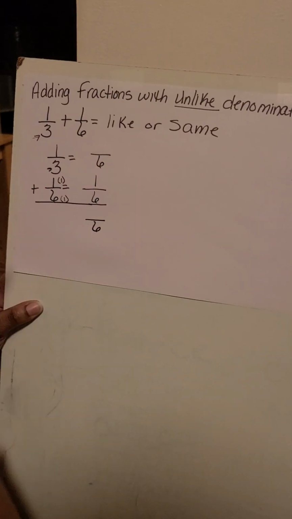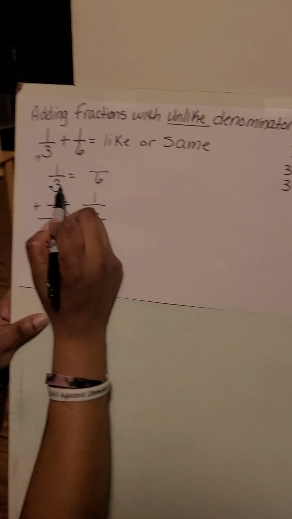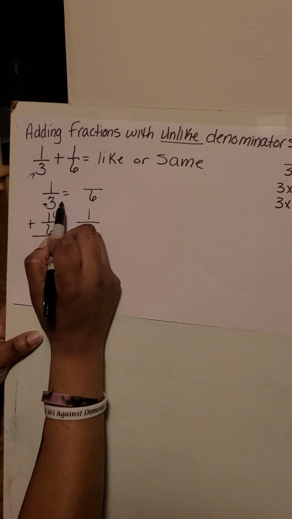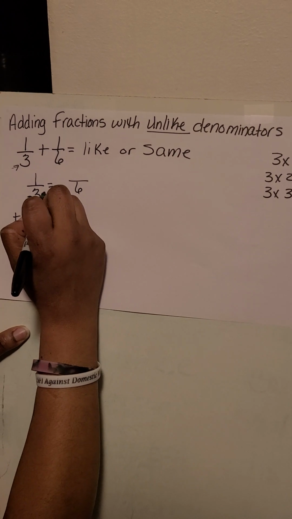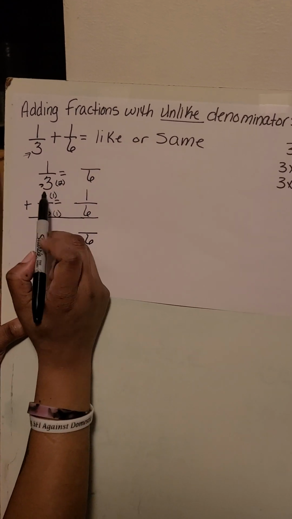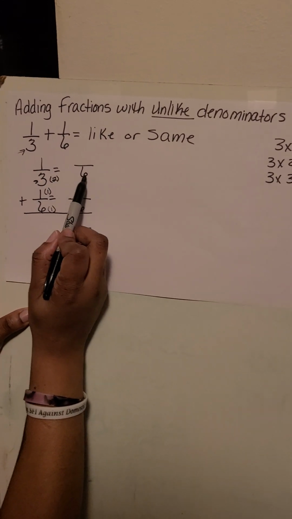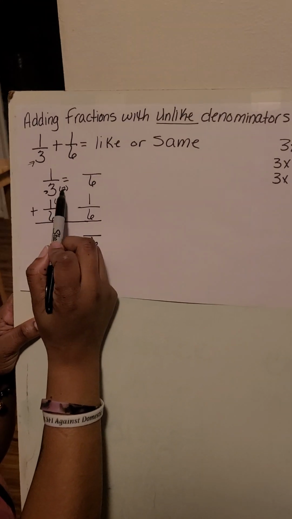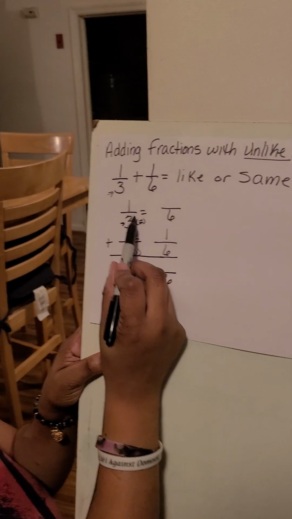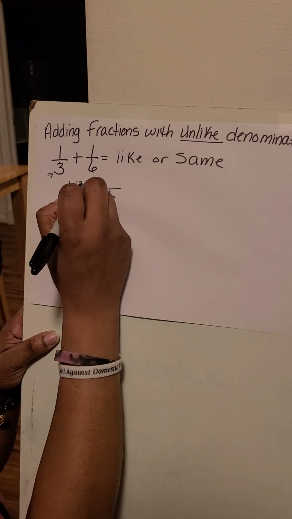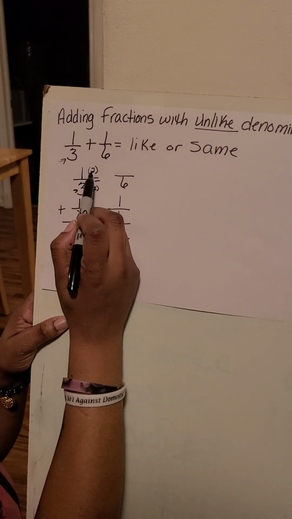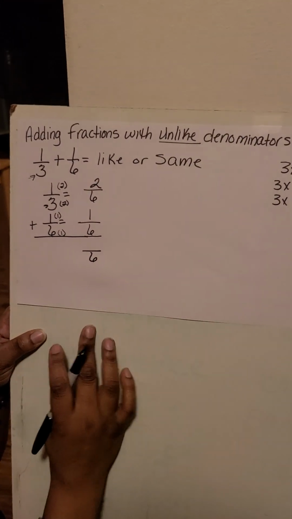Now we have to go to the top part of our fraction. 3 goes into 6, or 3 times what is 6? We know that if we multiply 3 times 2, it will give us 6. 3 goes into 6 2 times. What we do at the bottom, we have to do at the top. 1 times 2 is 2.